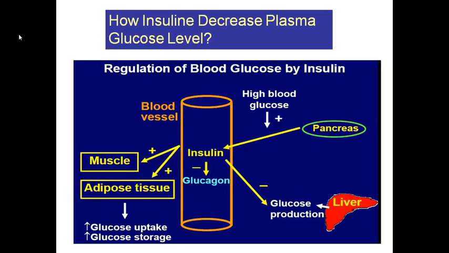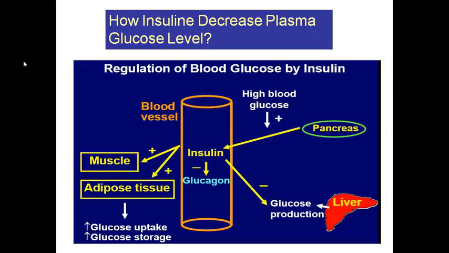And how does it do it? It has a negative effect on the glucagon, so it decreases the release of the glucagon, and it causes increased glucose uptake by the muscles and by adipose tissue. It also affects the liver and decreases glucose production.